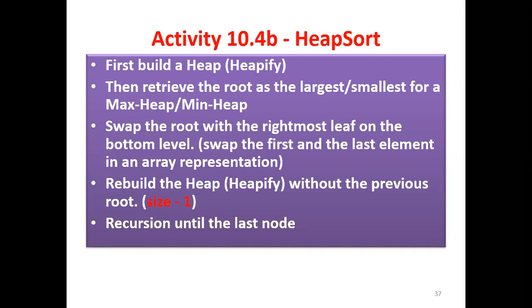The root element is the largest element if it is a max heap, but it should be the smallest element if it is a min heap. When you've retrieved the root element, the next step is to swap the root element with the rightmost leaf, the bottom leaf.